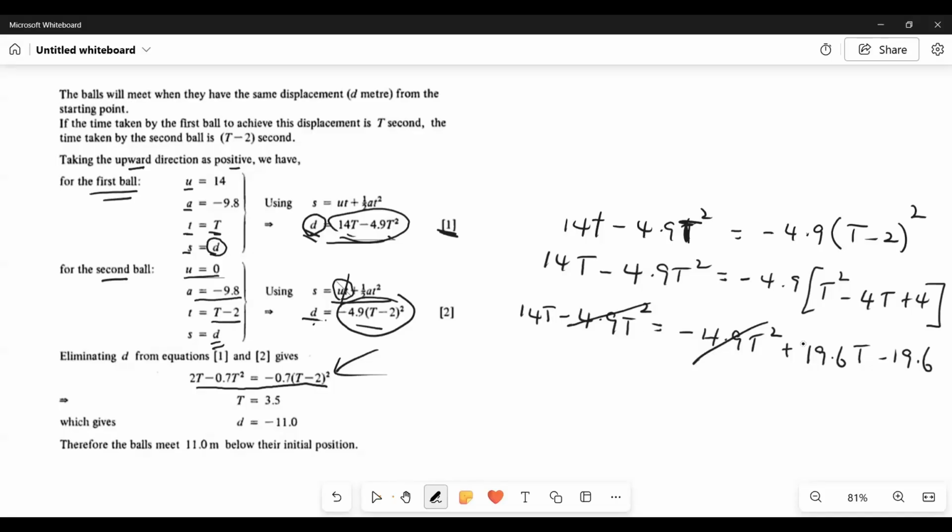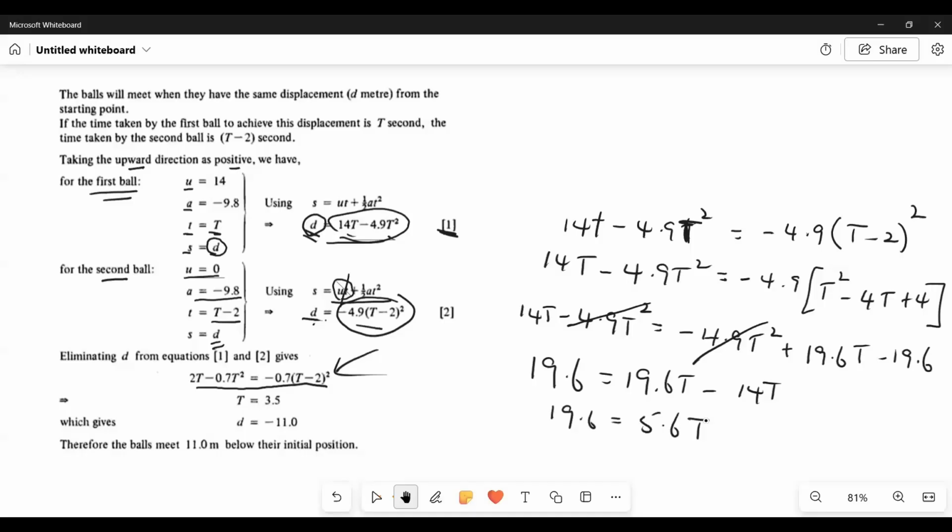And we're left with, I'll bring this over here and bring that over here. So I'll end up with 19.6 equals 19.6t minus 14t. So we get 19.6 equals, what is this? 14 from 19 is what, 5?